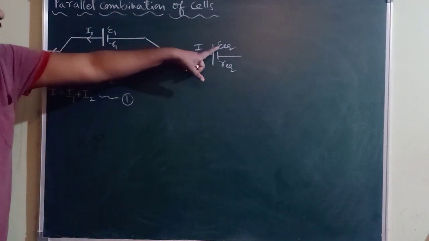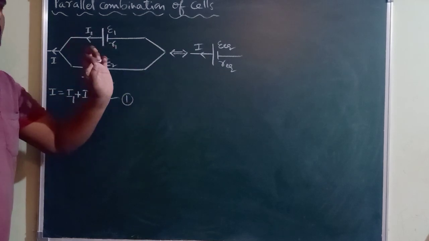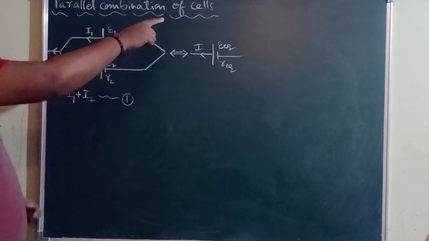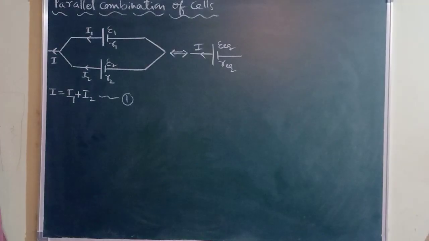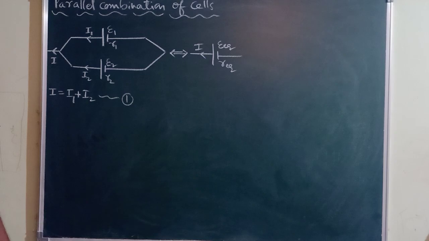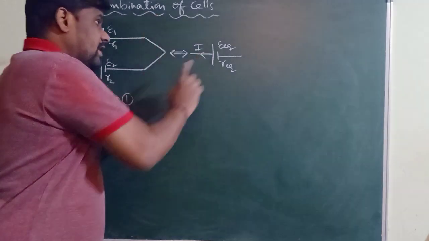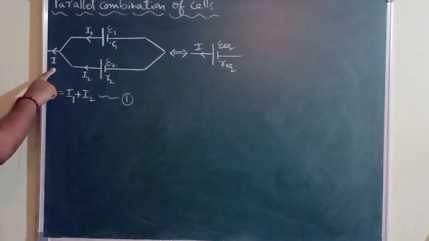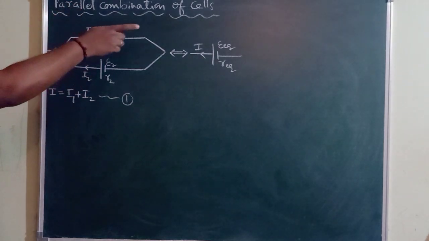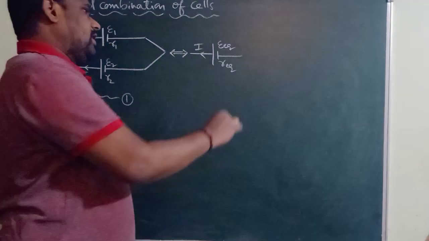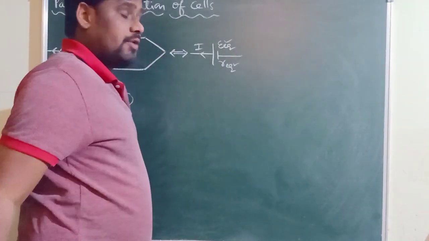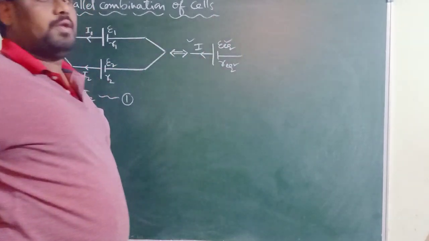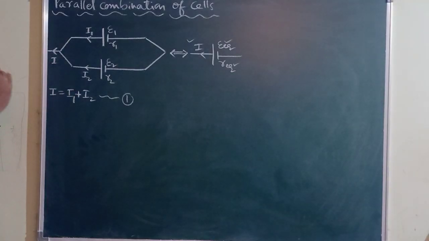E equivalent is the total EMF of the two cells connected in parallel. R equivalent is the total internal resistance. I is the total current drawn from the two cells. Our aim is to determine E equivalent and R equivalent. Therefore, I equals I1 plus I2.